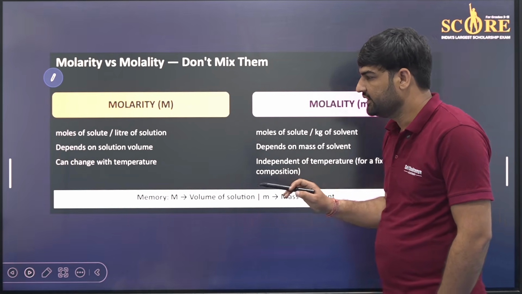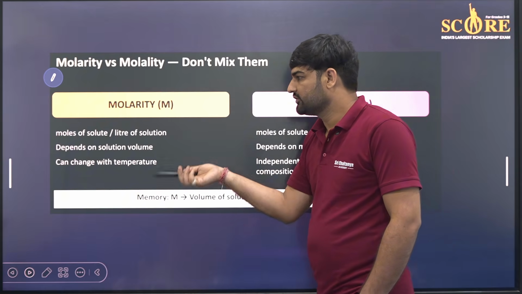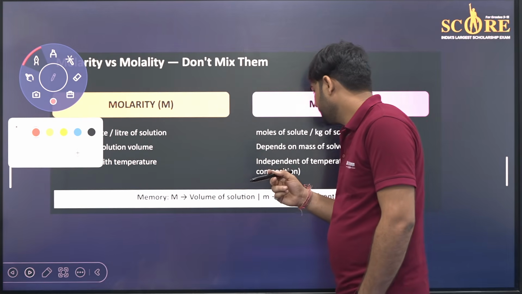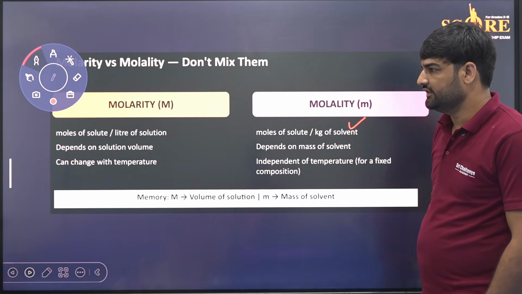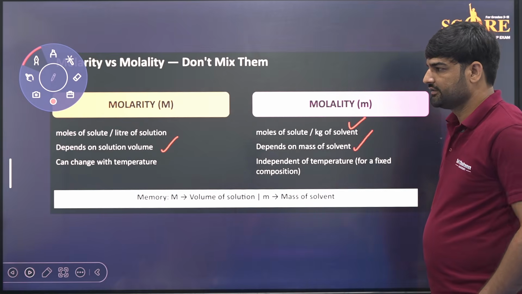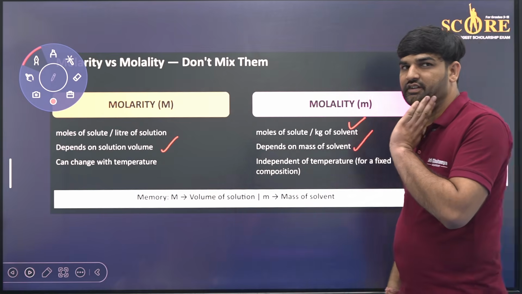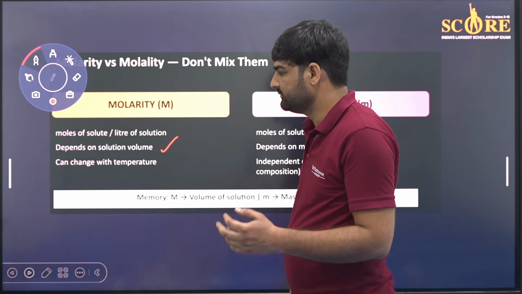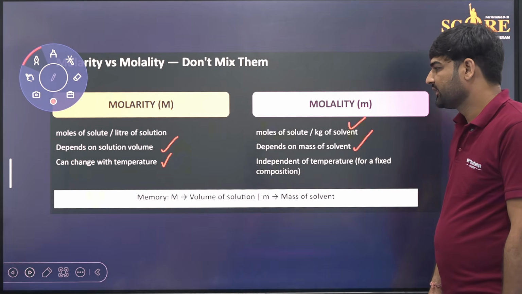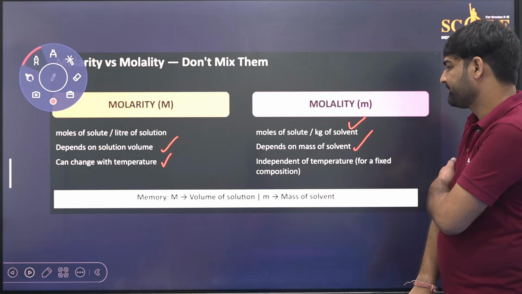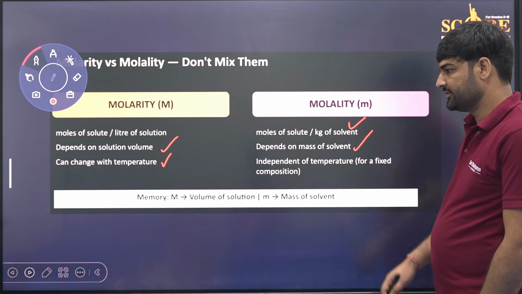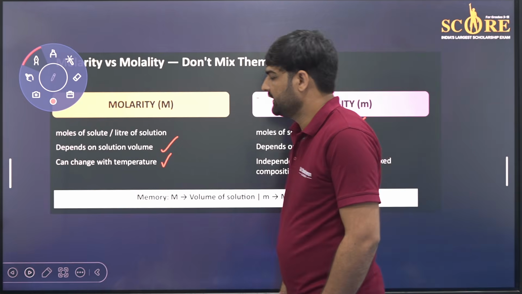This is the basic difference, that here it is volume of the solution in liter and here it is mass of the solvent in kg. One depends on volume, the other depends on mass. Concentration terms which involve volume depend on temperature, and concentration terms which do not involve volume are independent of temperature.